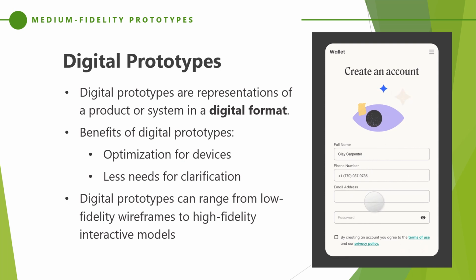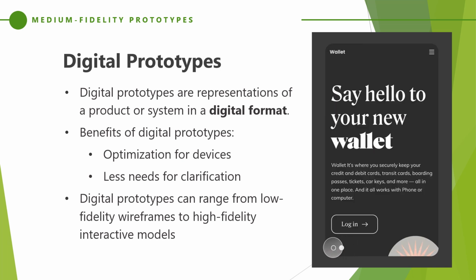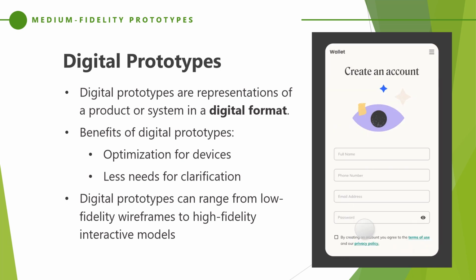stakeholders. Now, for a medium fidelity prototype of a mobile app designed to help users organize, say, their daily tasks and schedules, its aim is to demonstrate the basic structure and functionality of the app.